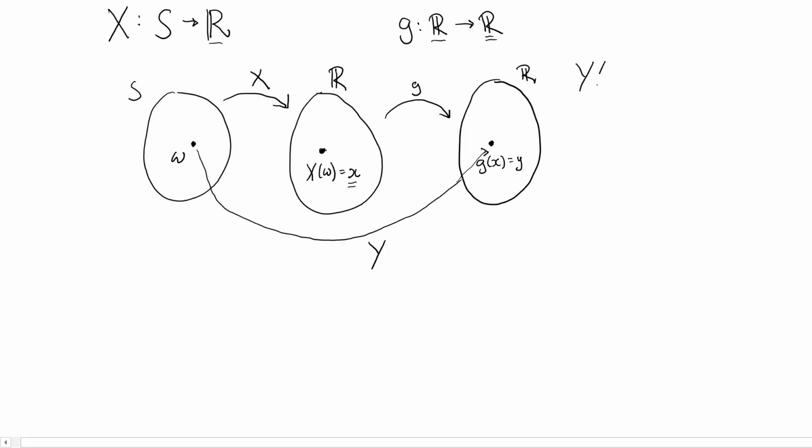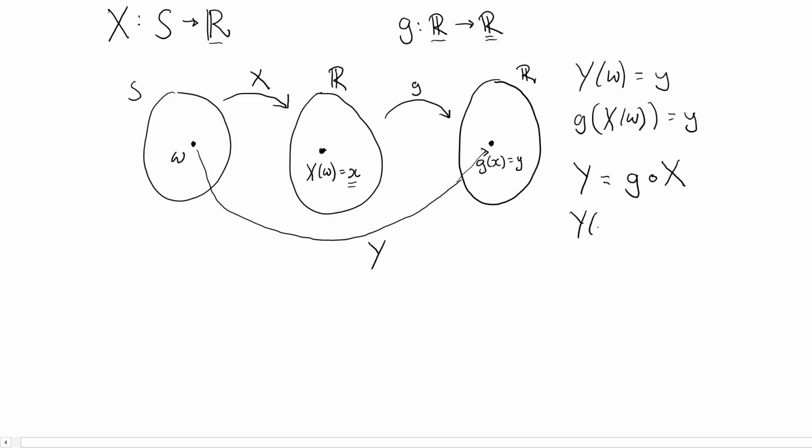So y of omega is equal to lowercase y, and lowercase y is also x of omega, that's lowercase x, plugged into the function g. So this is also lowercase y. That is, the function y is simply the composition of g and x.